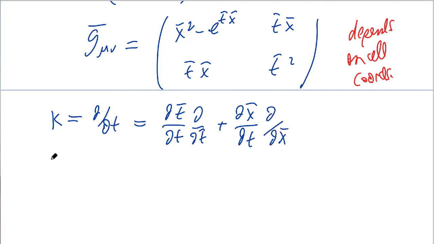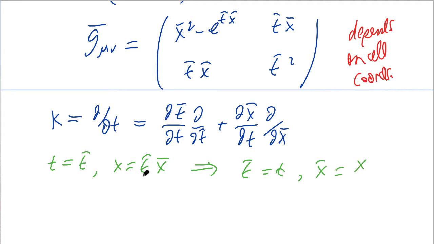Let's remind ourselves the coordinate transformation was t equals t bar and x equals t bar x bar. So we can invert this. We have t bar is equal to t and x bar is equal to x divided by t bar, but t bar is t, so that's x over t.